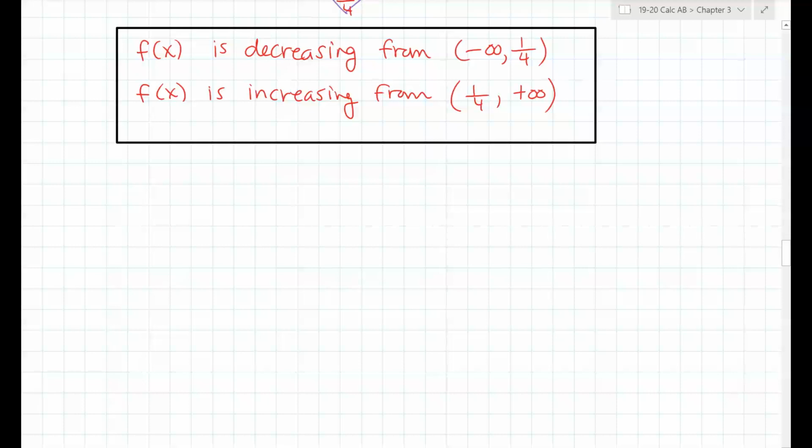Well, if you have an absolute value function, you can take a derivative everywhere on that curve except at the cusp, right? But that cusp is a critical number. It just doesn't have a derivative, right?